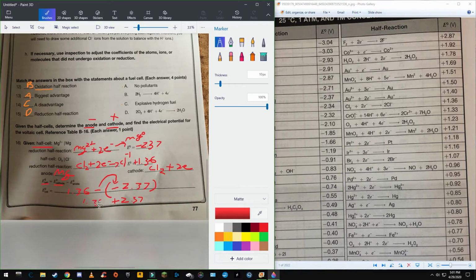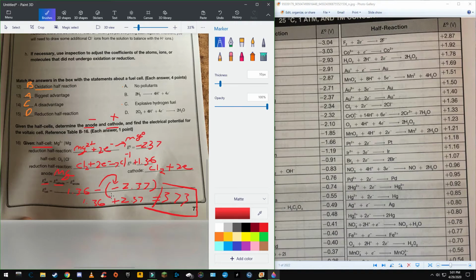So make that 1.36 plus 2.37, which will equal 3.73, I believe, off the top of my head. And I'll just use the calculator because I am not a calculator myself. Yep, 3.73. It should be our energy level. It seems like they want the whole equation there, so you can just write out the equation.